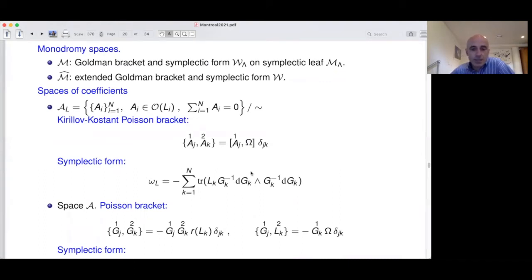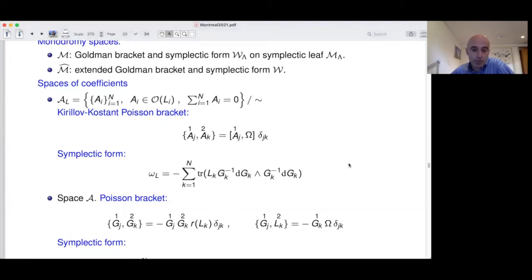If you assume that on the space of potentials there is this Kirillov-Kostant bracket localized at each vertex, then the monodromy map gives you the Goldman Poisson bracket on the character variety.